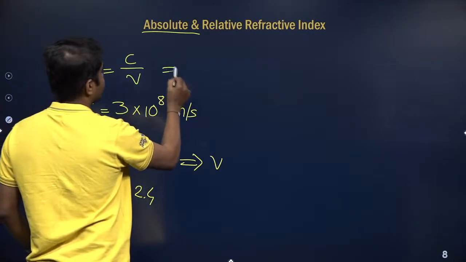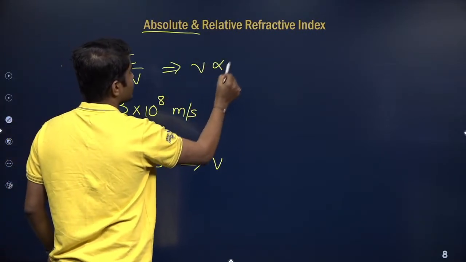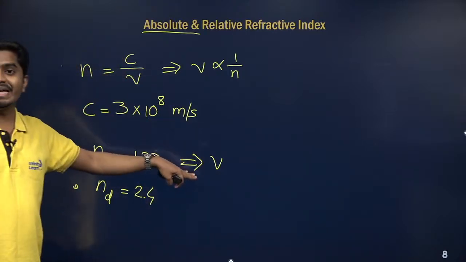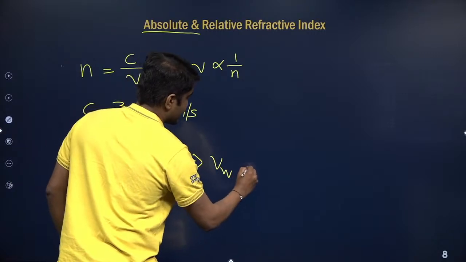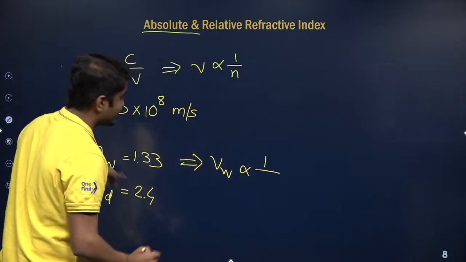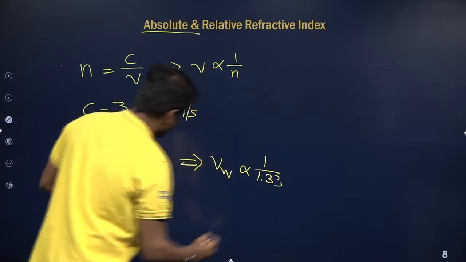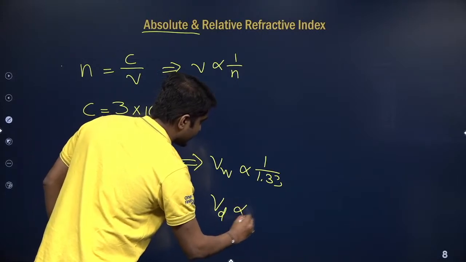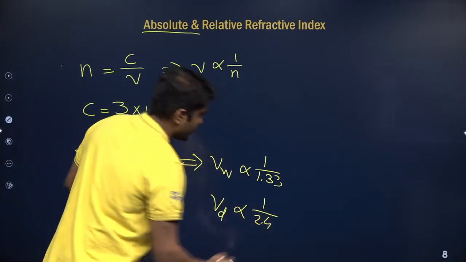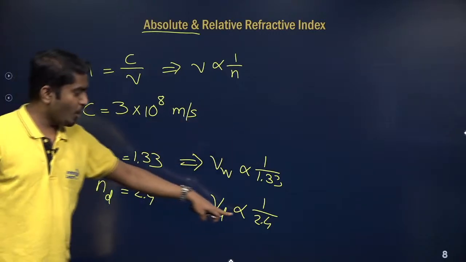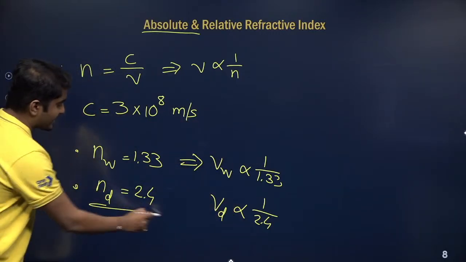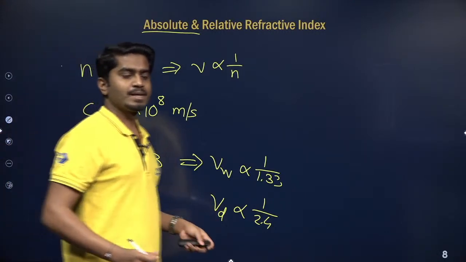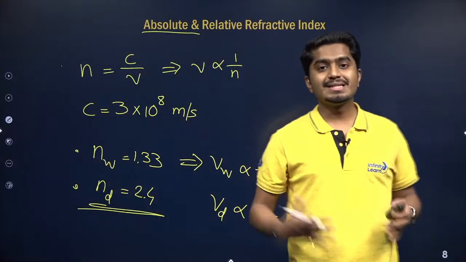So from here we can say v is inversely proportional to n. The speed of light in water is inversely proportional to 1.33, and the speed of light in diamond is inversely proportional to 2.4, with some constant here. Because the refractive index of diamond is greater, the speed would be slower, correct? Clear? So this is the refractive index.